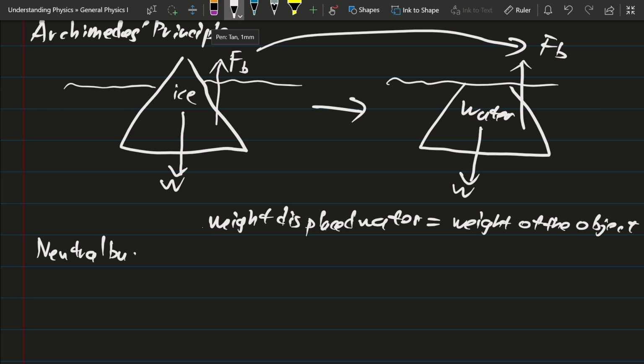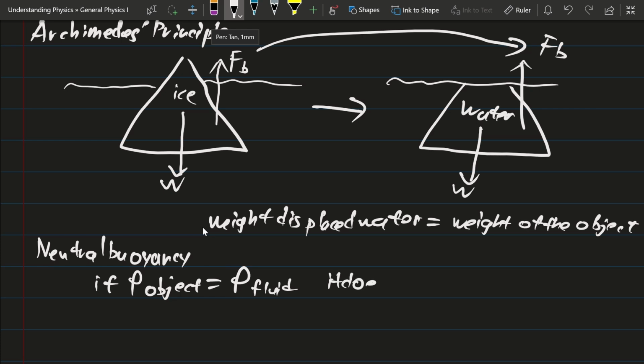So if you have the rho of the object to be the same as the rho of the fluid, it will be in a state where it is basically like in a free fall. So it doesn't sink nor float.